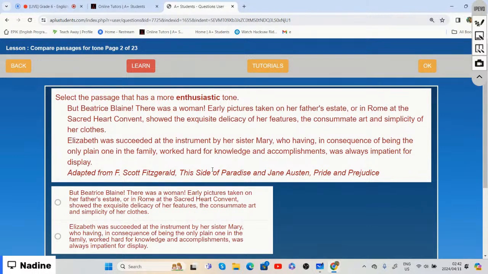Elizabeth was succeeded at this instrument by her sister Mary, who, having, in consequence of being the plain one in the family, worked hard for knowledge and accomplishments, was always impatient for display.